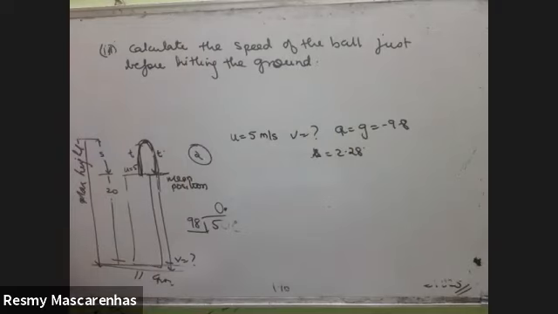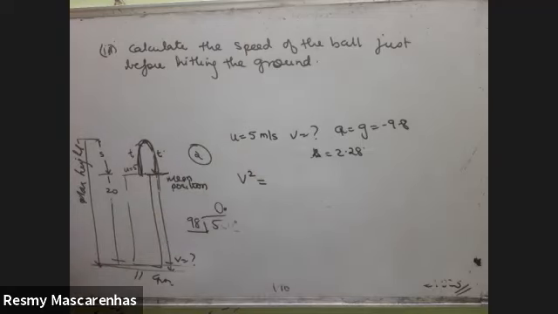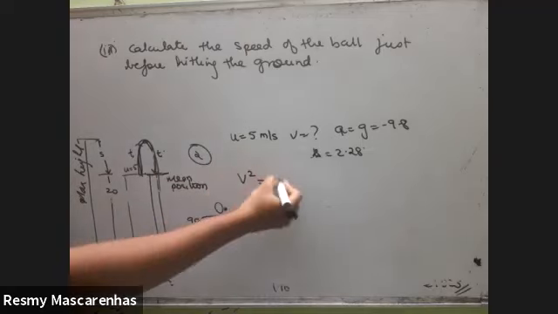Okay. So you can use this and then calculate. V square is equal to U square plus 2AS, and then substitute the values.